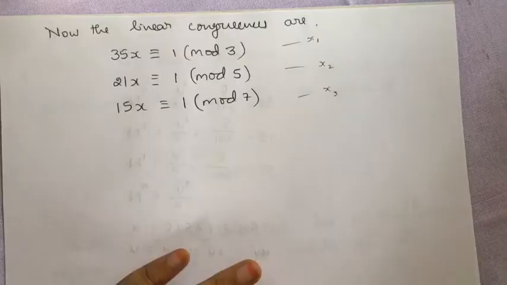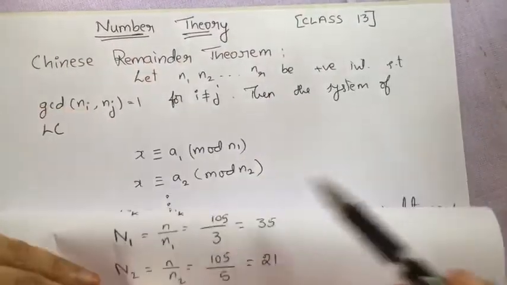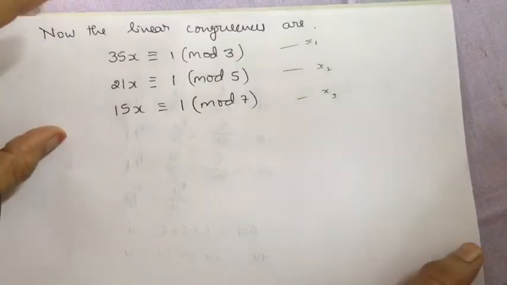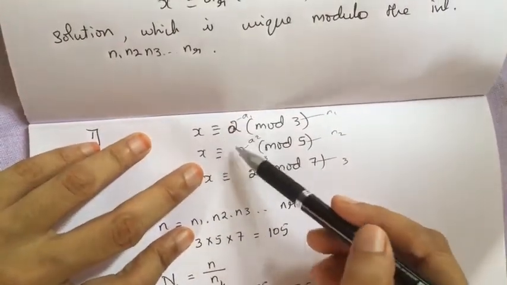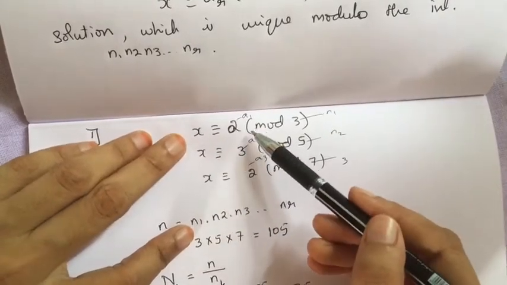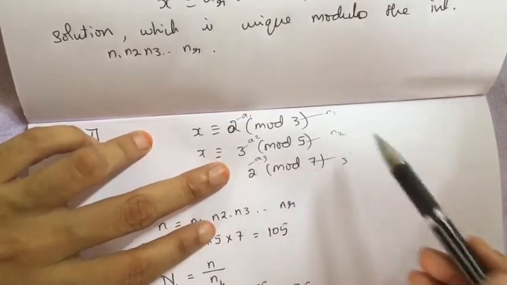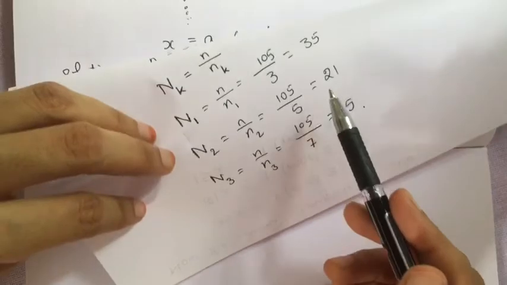Okay. Now I am using these Ni's to write the new linear system of congruences. I'm reducing these congruences. See, these congruences have got different ai's, no? I'm rewriting them into something congruent to 1 mod 3, something congruent to 1 mod 5, like that. By the help of this, I'm rewriting now.